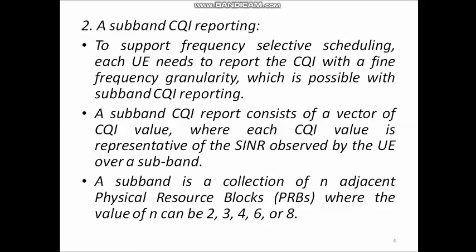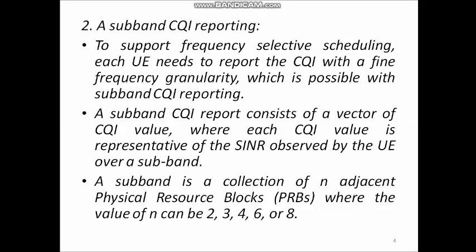As we discussed previously, wideband CQI reporting does not support frequency selective scheduling. To overcome this problem, we can use subband CQI reporting. And a subband CQI report consists of a vector of CQI values, where each CQI value is representative of the SINR observed by the user equipment over a subband.